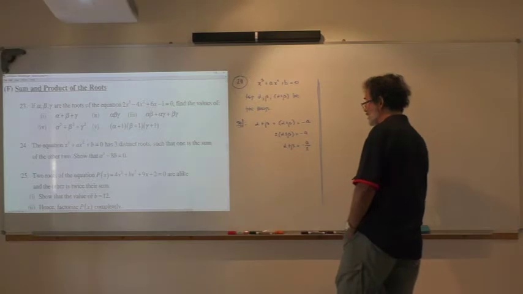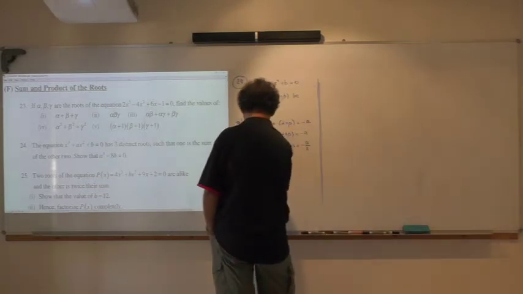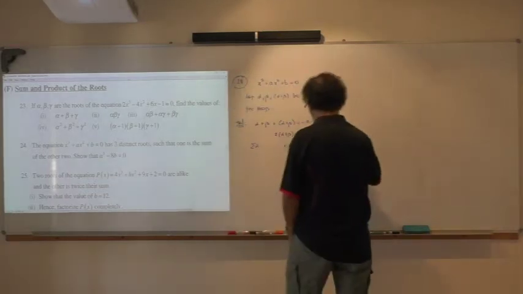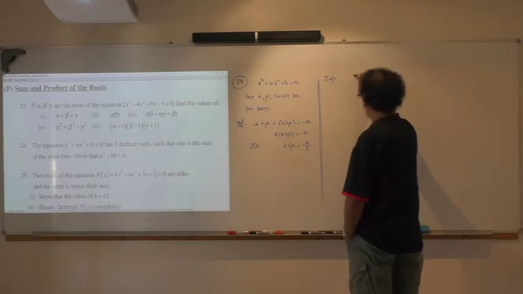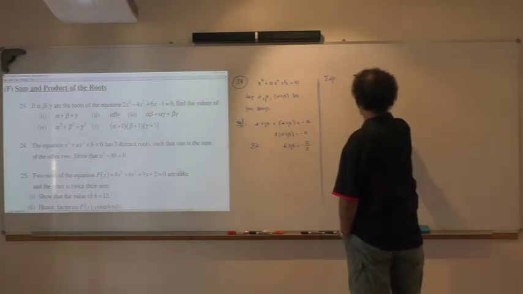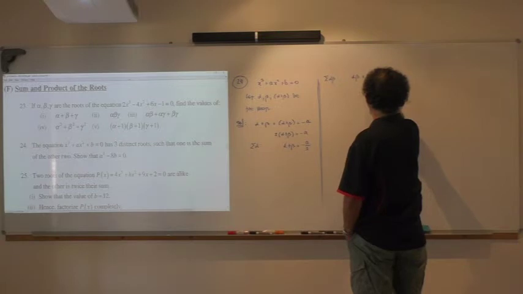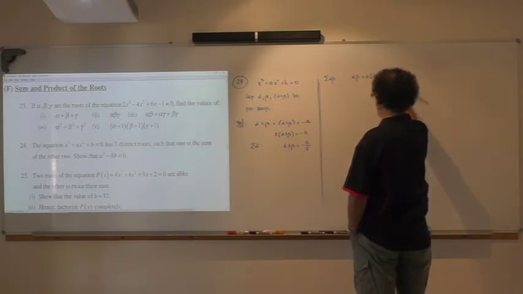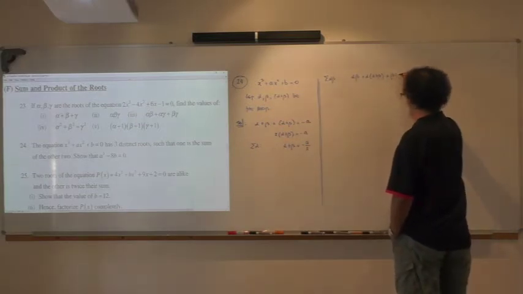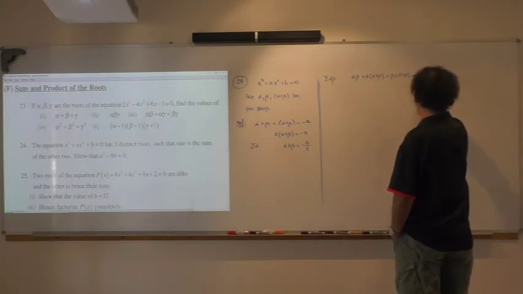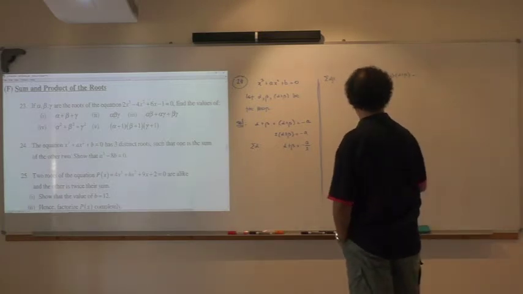Also, we know that when you take them 2 at a time, then we're going to have alpha beta, and then alpha multiplied by alpha plus beta, and then beta multiplied by alpha plus beta, and we know that that is equal to c on a.